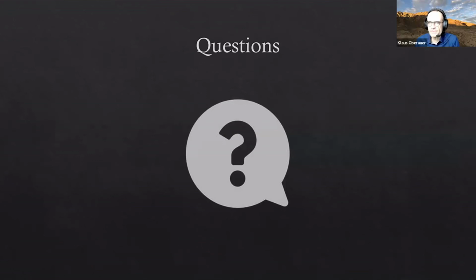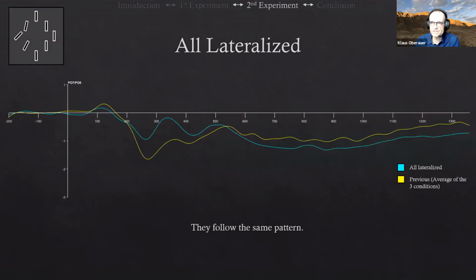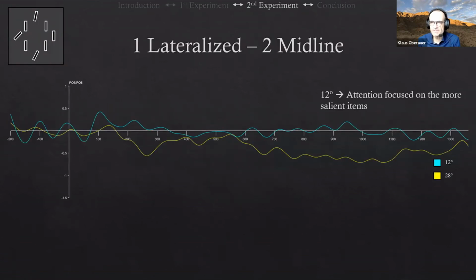Thank you. I have a question about this positivity, which you interpreted as maybe inhibiting the strongly salient stimulus. The timing doesn't seem to match that idea because the positivity seems to come later than the N2PCs for the weaker targets, right?